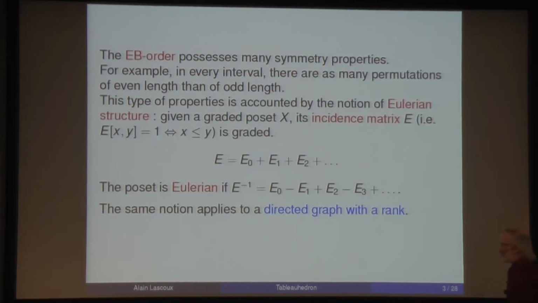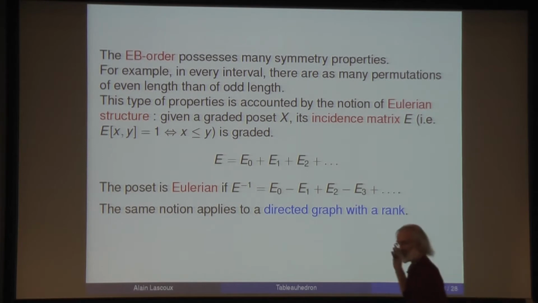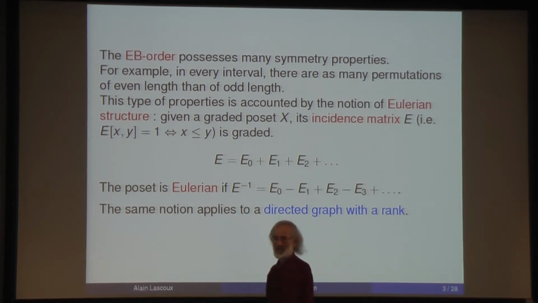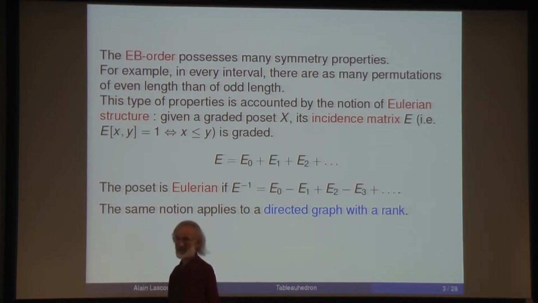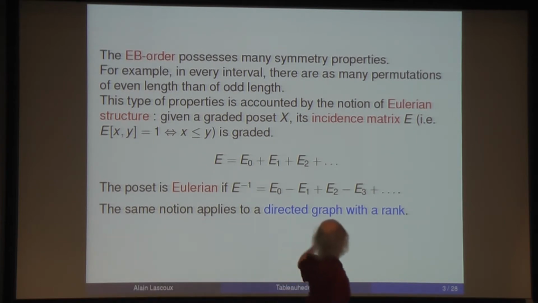And it's better to formulate it in terms of matrices. This is a simpler way to define it. Given a poset, the matrix giving the comparison is graded by rank, and so the matrix decomposes. I wrote E equals E0 plus E1 plus E2.